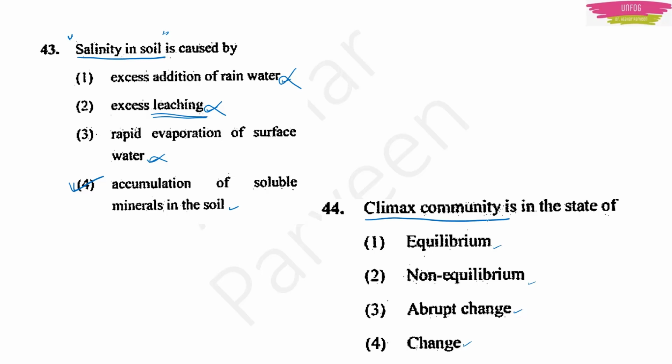So they are in equilibrium with each other. So, from the definition, you must have known what the answer is, right? So, the option is option 1, equilibrium. Climax communities are always in the state of equilibrium, and that is a fact which we all have to remember.